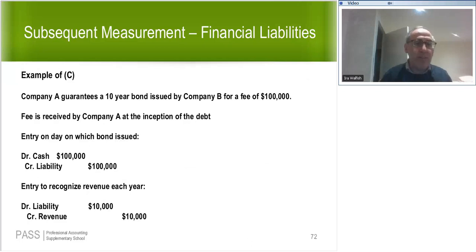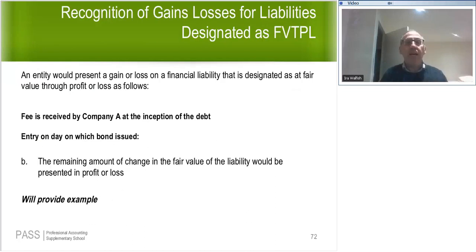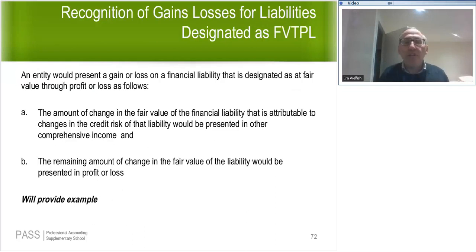When we're dealing with a financial asset and we're dealing with FVTPL, it's pretty straightforward. Change in value simply goes through to the income statement, the P&L. But when you're dealing with a liability, you would do the following. The amount of the change in the fair value of a liability attributable to change in credit risk would be presented in OCI. The remaining amount of the change would go through the P&L.